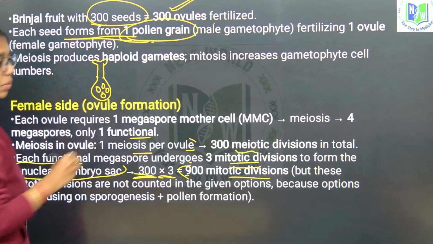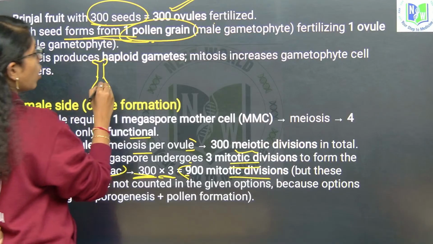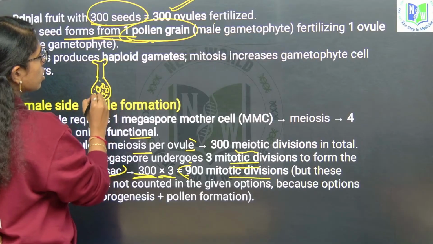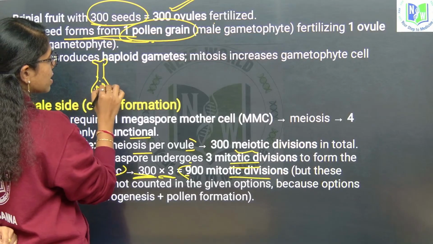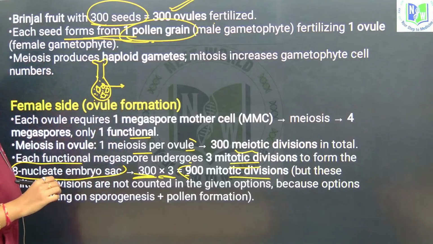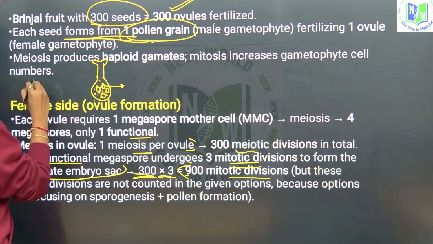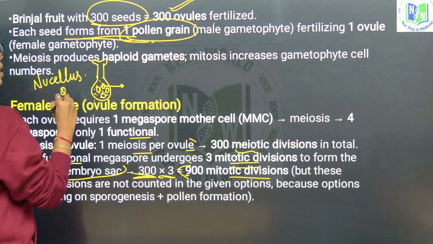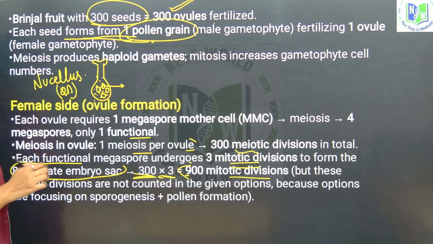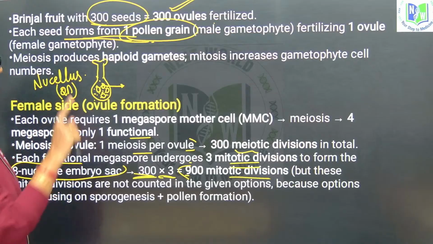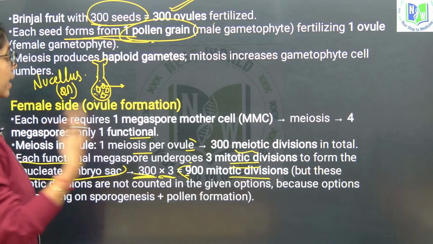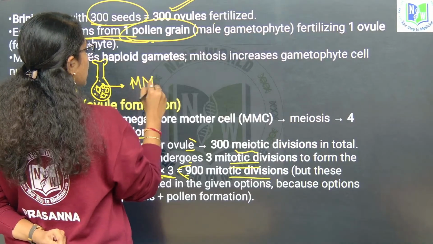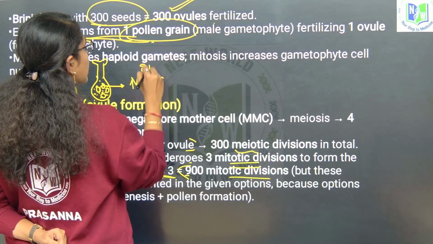The cells present inside the ovule are called nucellus cells. These nucellus cells are diploid. One of the nucellus cells inside each ovule gets differentiated into the megaspore mother cell. This megaspore mother cell is diploid.